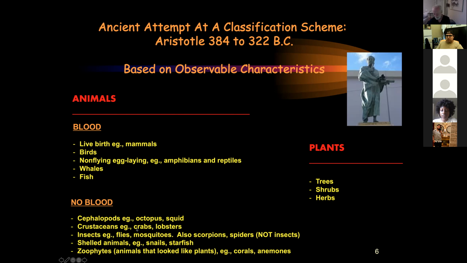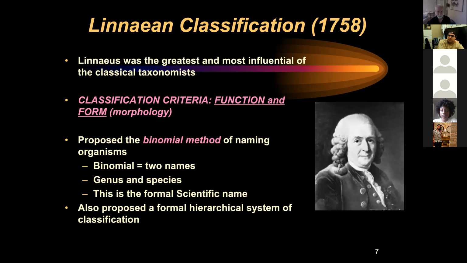But it was a start, a way to systematically think about collecting organisms into groups. Now, we owe much of our classification system that we use today to this guy, Linnaeus.